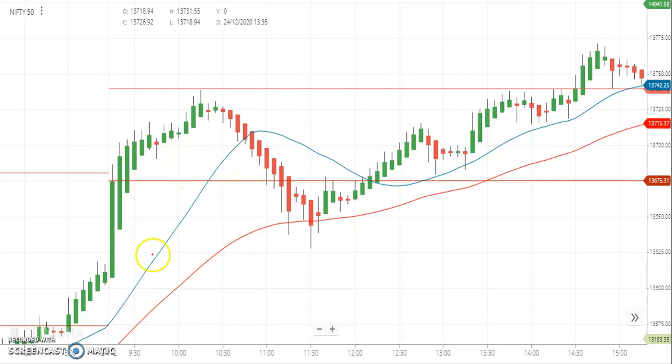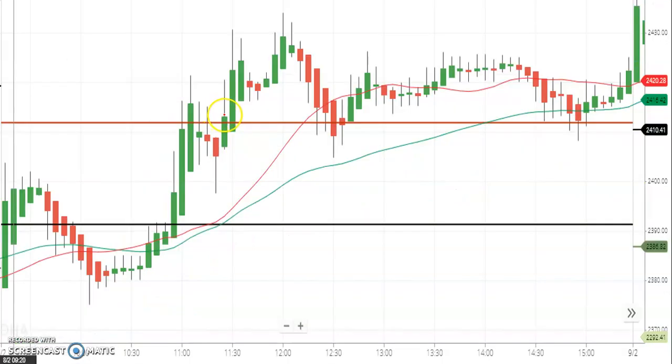See here, the first thing followed is a rising TMA, and the candle is above. So this is the signal, and this is the entry candle, and once it reached the resistance, the trend was reversed. So that's the reason we have to strictly follow the target and trail the stop loss near the resistance or near the support.